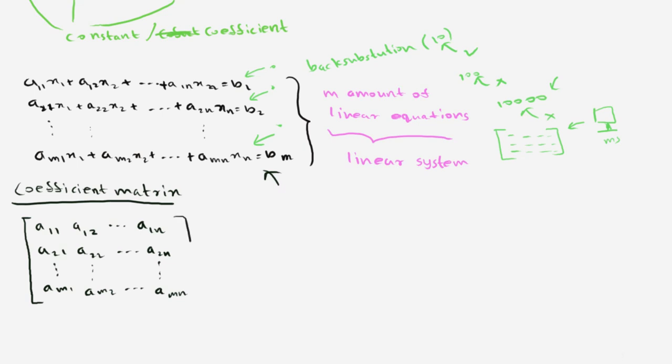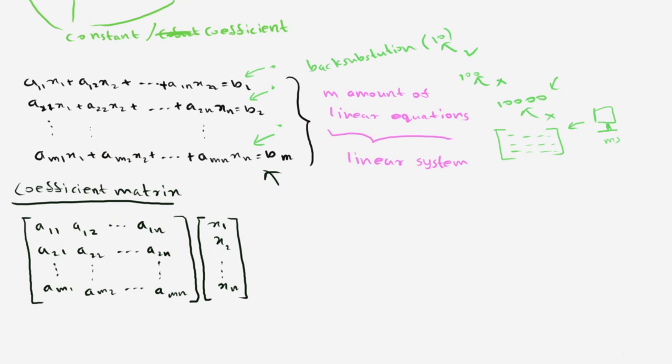Those are just coefficients, and we multiply this coefficient matrix by our variables: x1, x2, and so on up to xn.